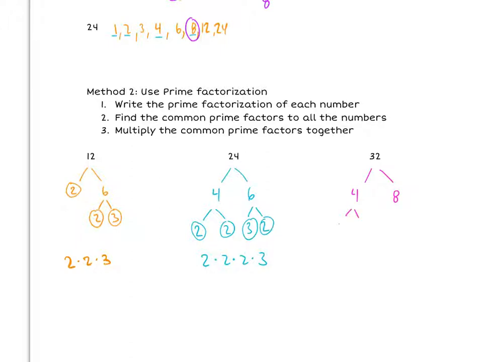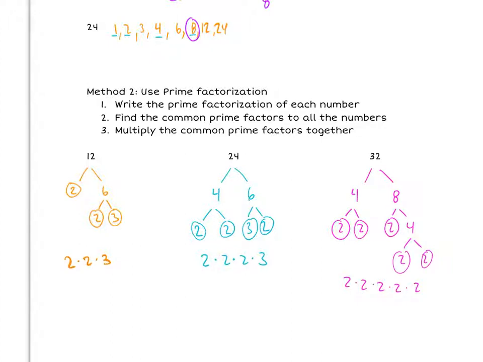We know 4 is 2 and 2. 8 is 4 and 2. So I'm going to circle my 2 so far, and then 2 and 2 here. So I have 2 times 2 times 2 times 2 times 2. And some of you would rather write that as 2 to the 5th power. That is totally fine. Either way works.